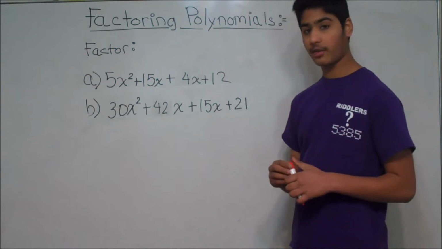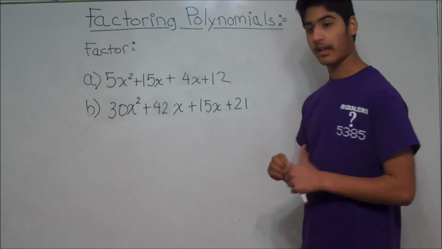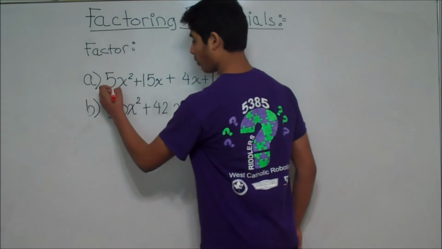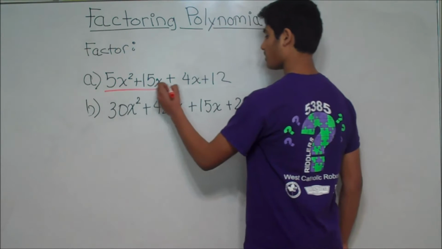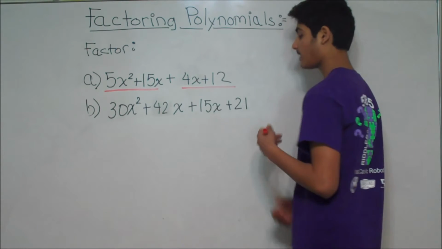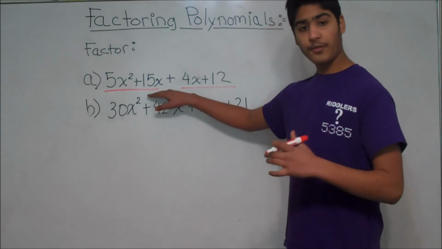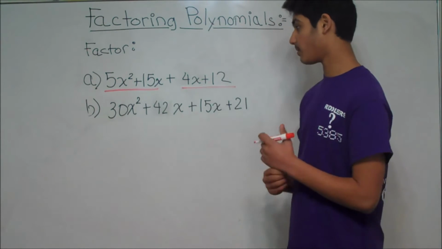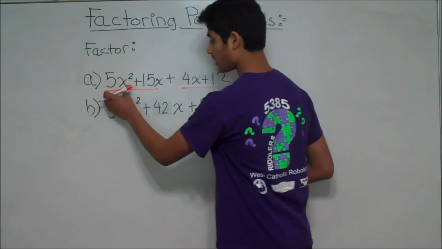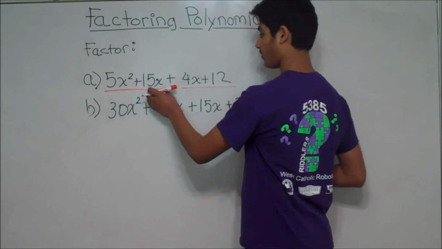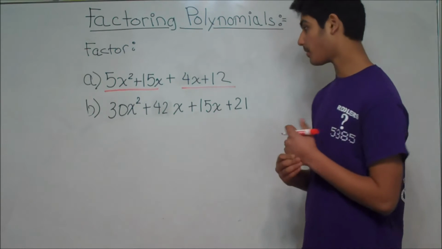When we are factoring second degree polynomials, we have to first factor the first two terms and then the last two terms. So first, let's factor the first two terms. The greatest common factor of 5x squared and 15x is the first thing that we have to find.